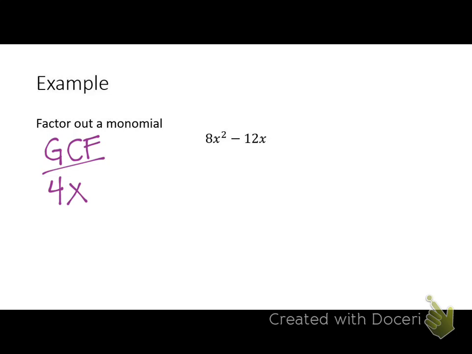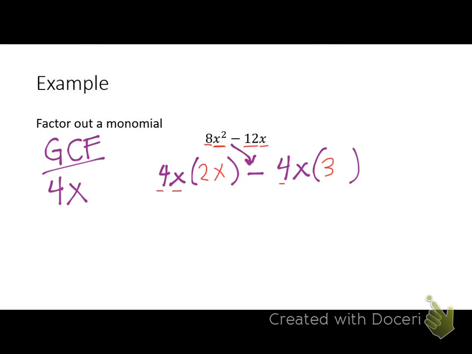So I have two terms, so I need to write 4x parentheses, keep the sign, 4x parentheses. So when I go to fill it in, 8 divided by 4 is 2. I had x squared, but I only have 1 down here, so I need to keep an x. And then 12 divided by 4 is 3.